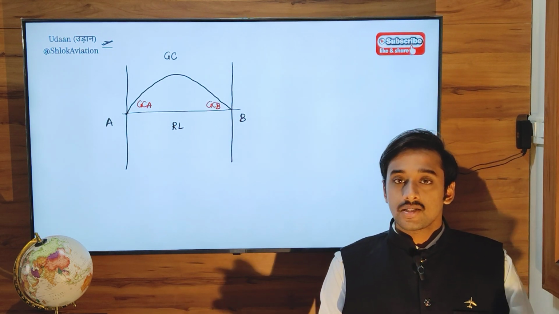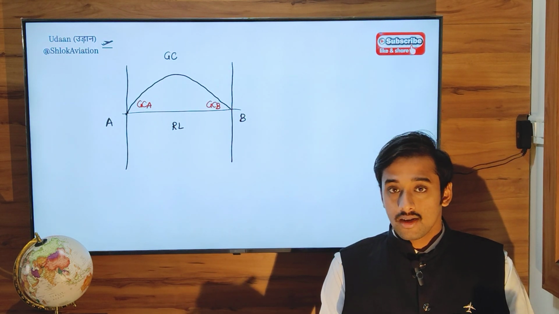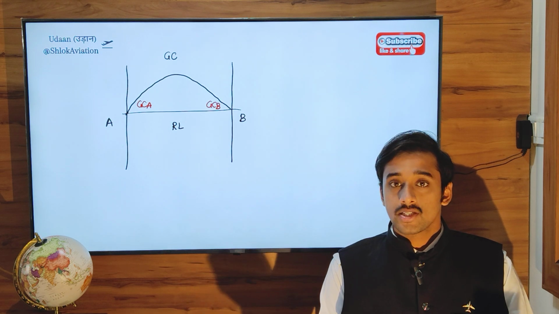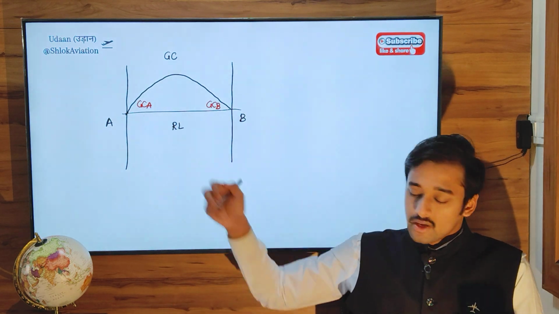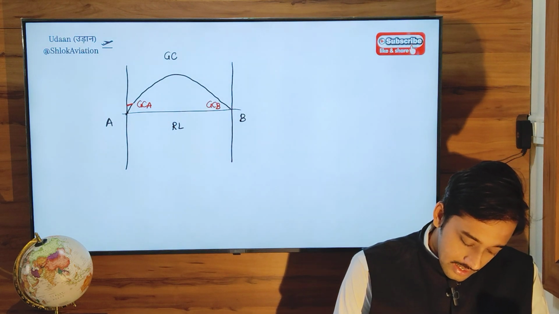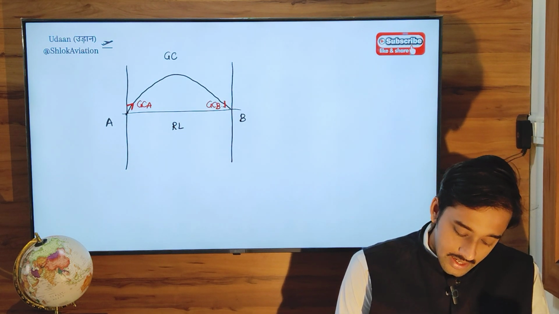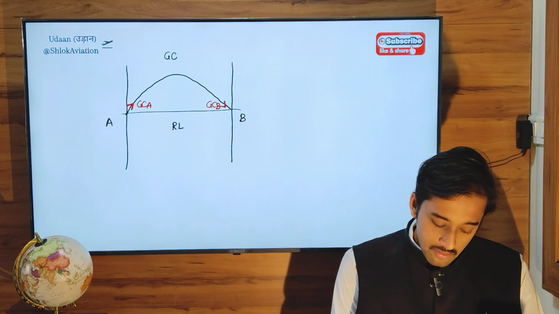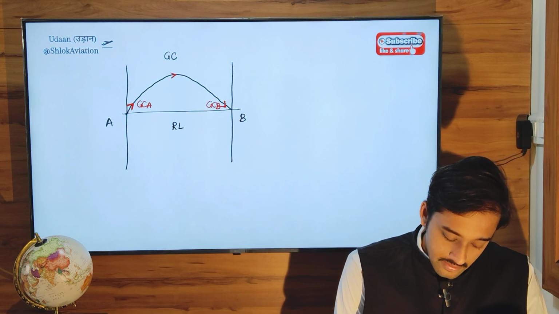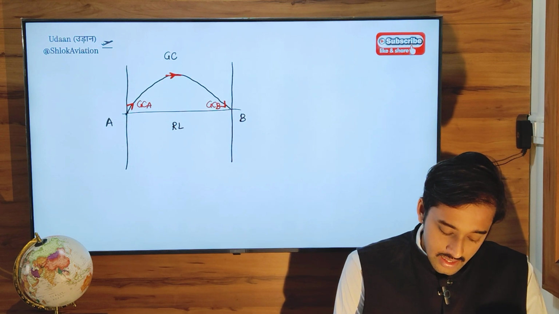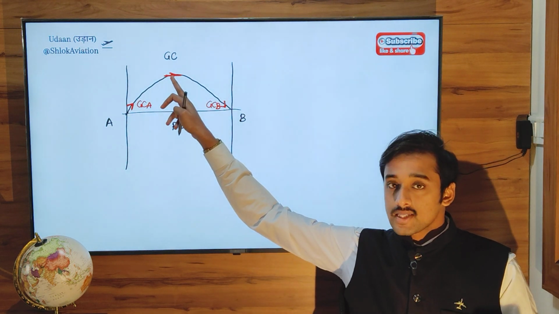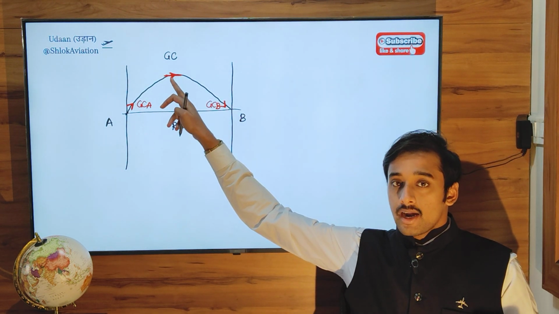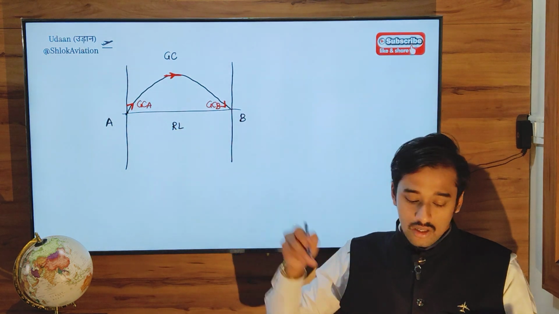The great circle direction is always changing as opposed to the Rhumb line, which is a constant direction line. Between the angle at the beginning and the angle at the destination, there will be a point at the top of the great circle track that is parallel to the Rhumb line.